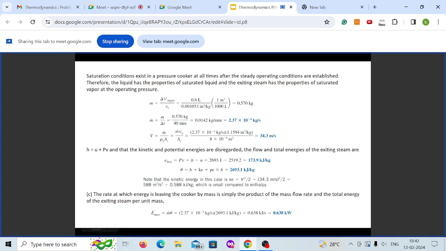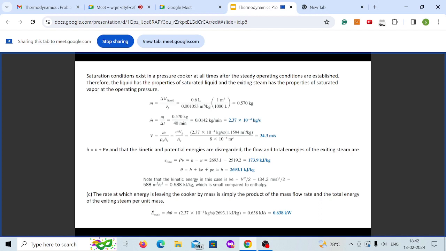So we have seen the second part. The third part is you need to find out the rate at which the energy is leaving the cooker. In the first case you found out the specific total energy which is going out. In the third case you are finding the rate, so you multiply it with mass.